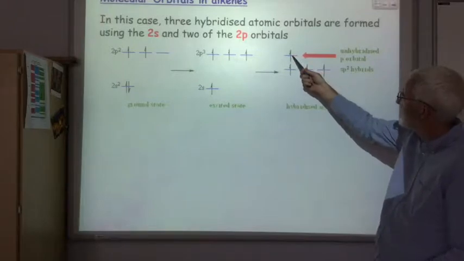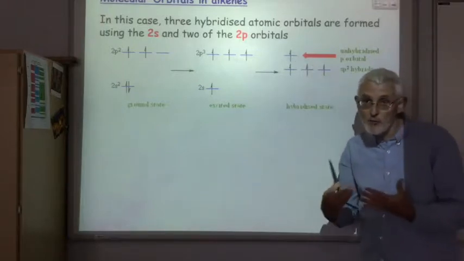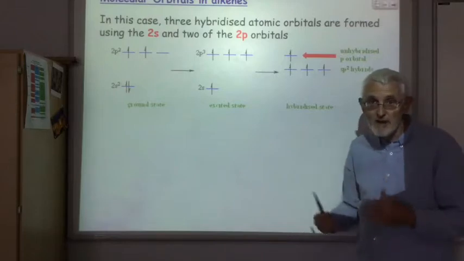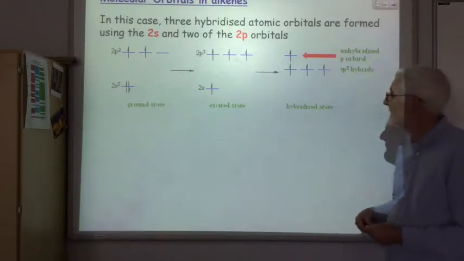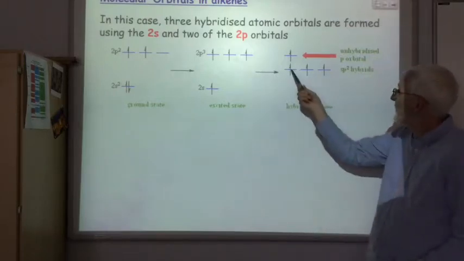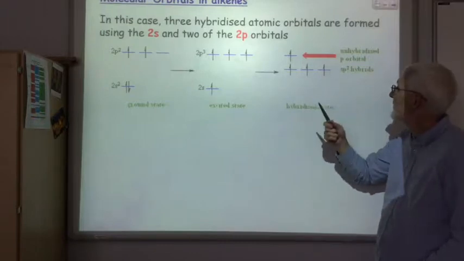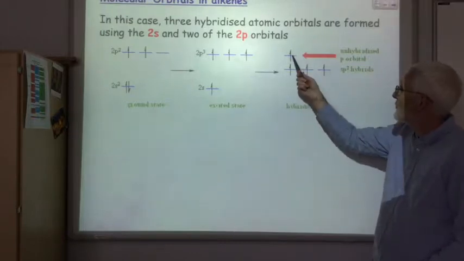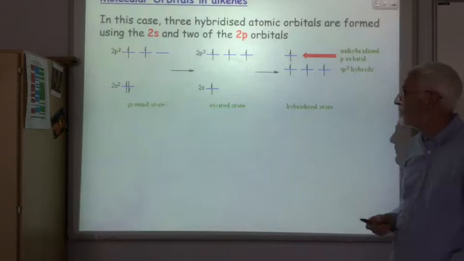And one of the p orbitals just remains as a normal p orbital. It doesn't get involved in the mixing, doesn't get involved in the hybridization. So we've got 3 sp2 atomic orbitals and 1 remaining normal p orbital.